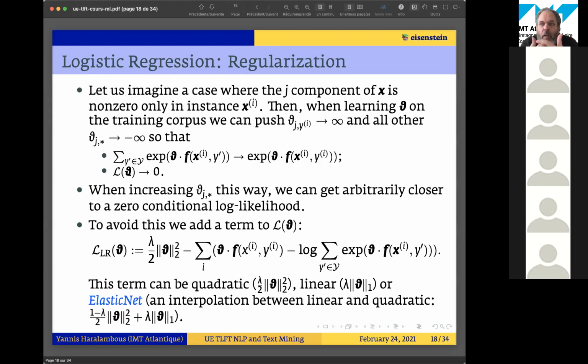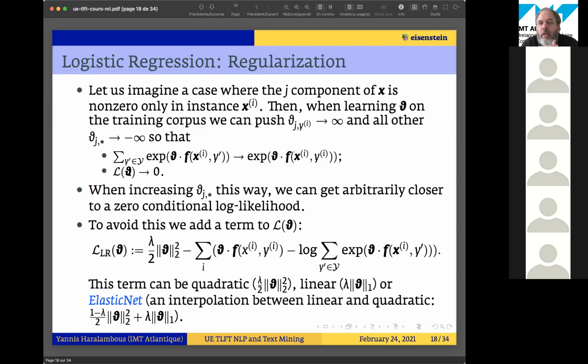Why? Well, I'm cheating. I'm forgetting all other features. I'm concentrating on that feature. I know that it appears only in one document in a specific class. I increase the theta for this word and this class, I decrease all the other ones, and I'm getting a very good result.